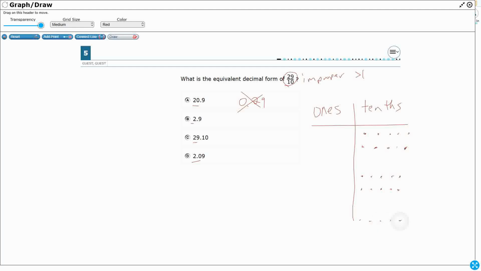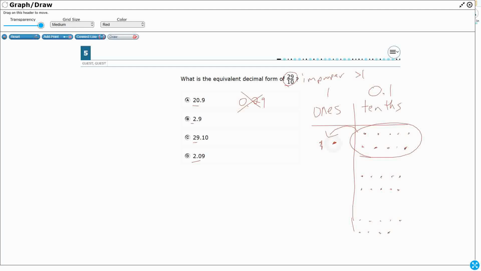And I'm going to separate them like this because hopefully you see what we should be able to do. Look at that. I've got 29 tenths. Well, I put them in sets of 10 because we know that in our number system, when we regroup, we can take 10, bundle them together and bring them over. So the 10 tenths is the same as this one whole right here, and I can represent that.